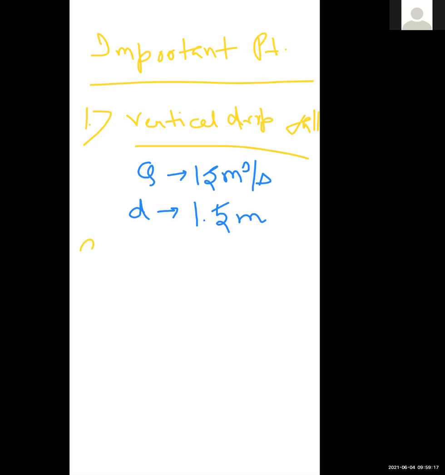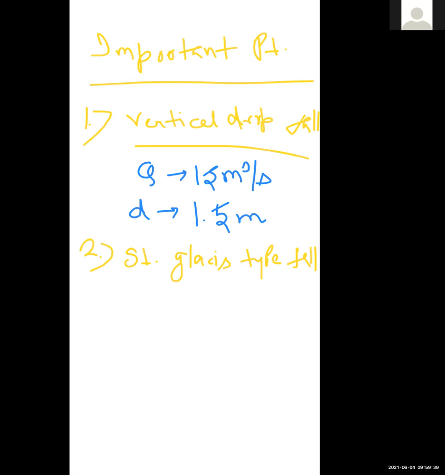The second point is about the straight glacis type fall. So what is the condition for a straight glacis?